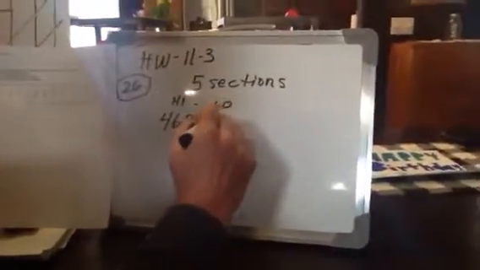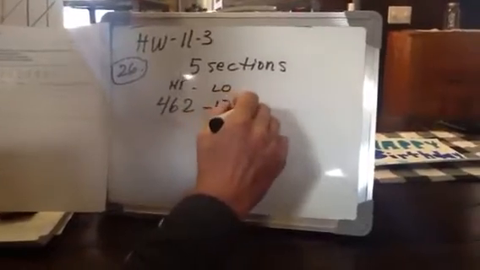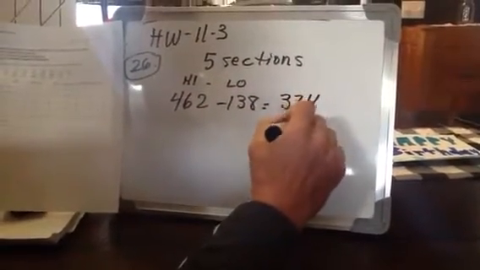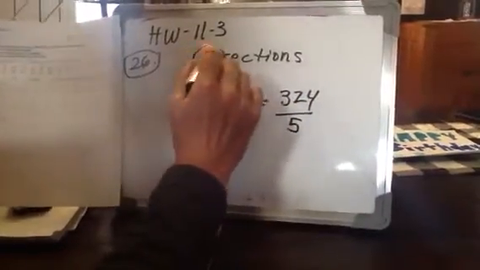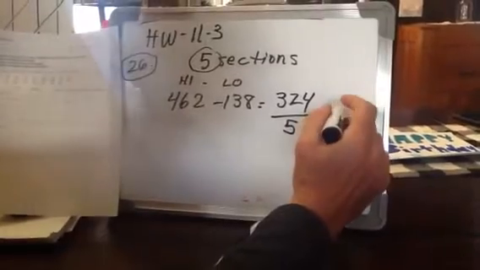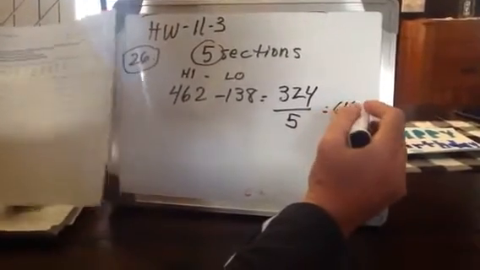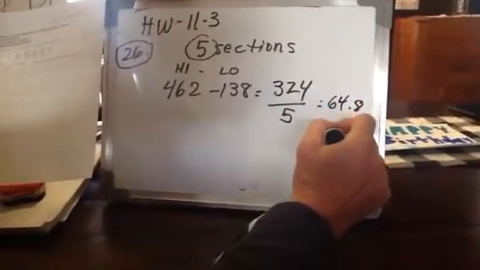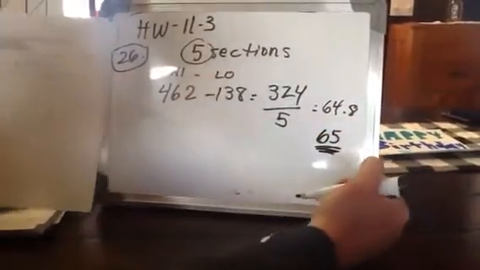So it's 462. The low was 138. We subtract those two and get 324, and we divide it into 5 sections. It does not come out evenly. It's 64 point 8, which rounds up to 65. So our interval is going to be 65.